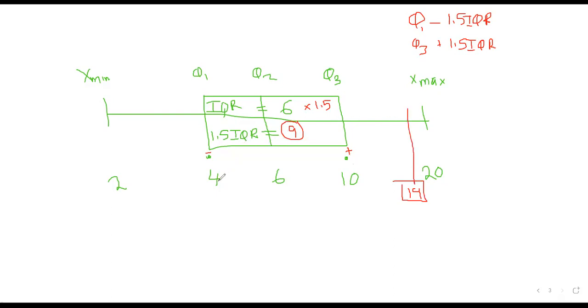Then 9, we subtract from 4, we get -5. We close there. Any figures outside there are called what? Outliers. So this side, there are no figures. This side, there's one figure, which is 20. So 20 is going to be called an outlier.